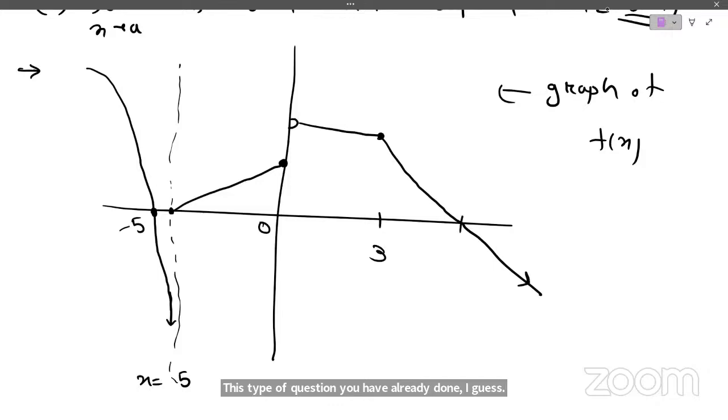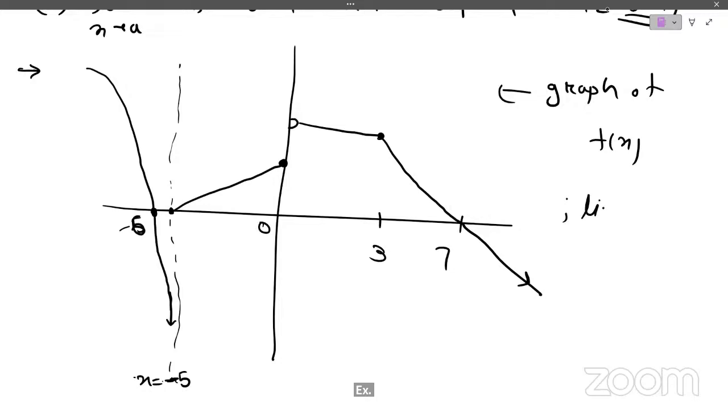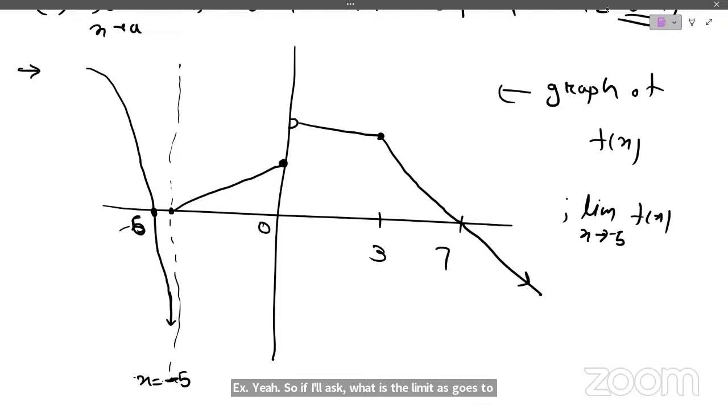This is 0, suppose 7. The asymptote is at y is -5 and it's equal to -6. Now it is correct, right? X is equal to -5. So if I ask what is the limit as x goes to -5 of f(x), what will be your answer?